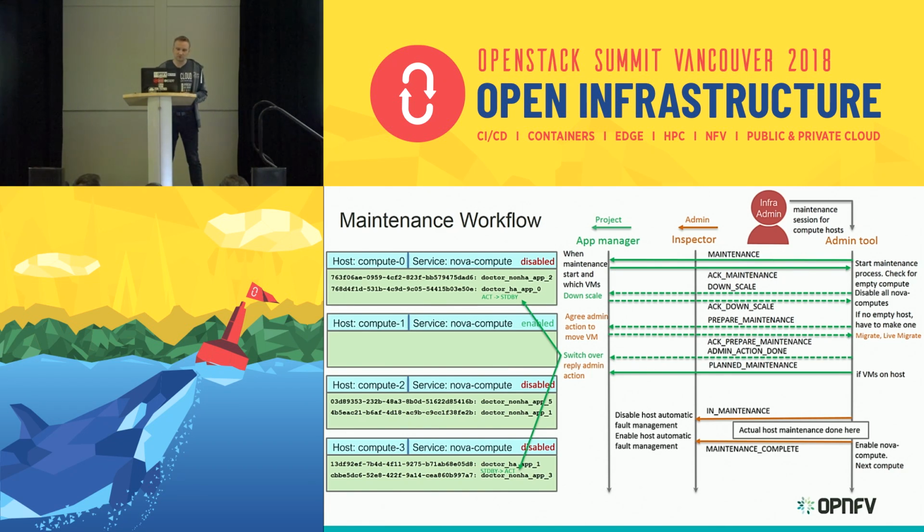They will be going to this compute host that is already maintained. So now if he reinstantiates his VM, it will be running the new OpenStack version, because that was the thing that we were to do in this example here.